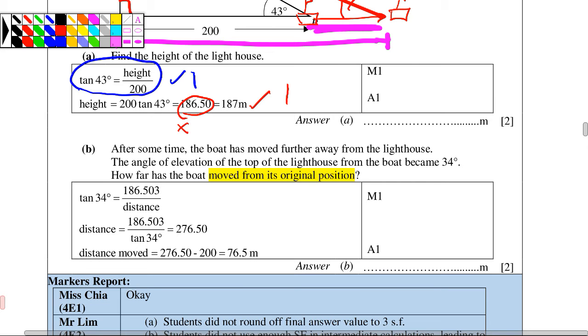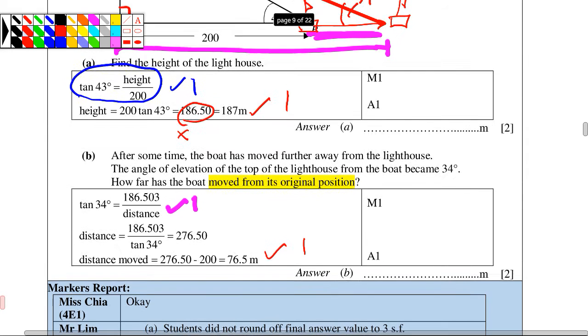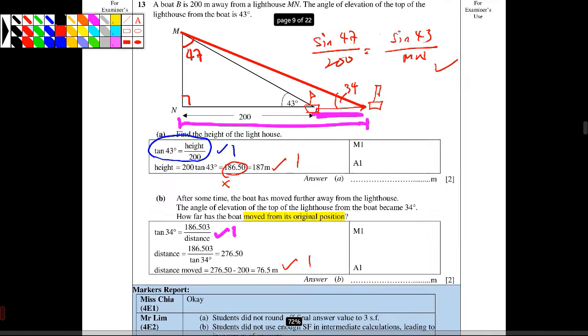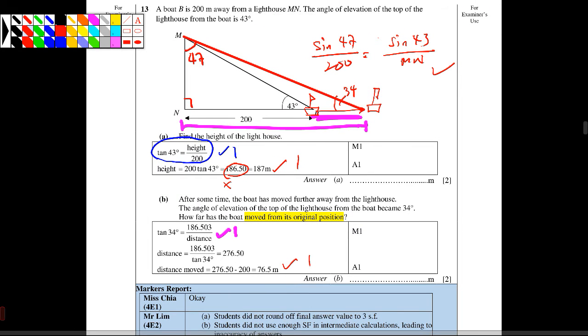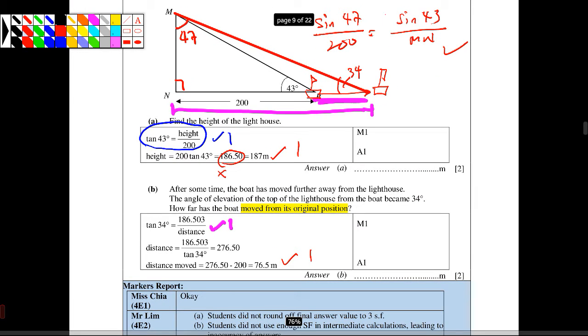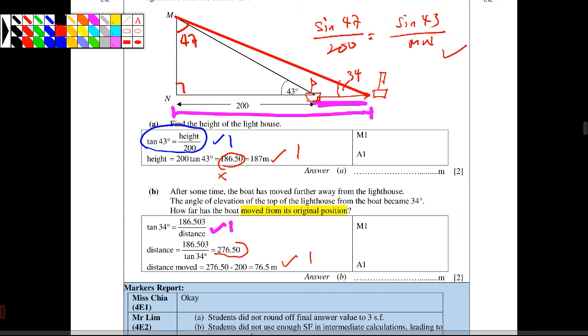So ability to get this working is 1 mark. Then ability to get this is 1 mark. Okay. If you get the final answer, you give yourself 2 marks. If you get this distance, it is 1 mark.